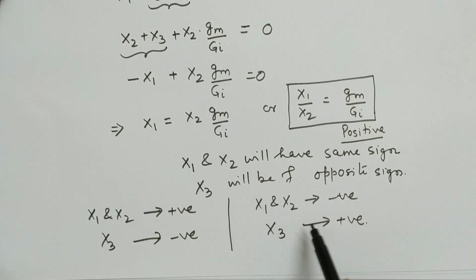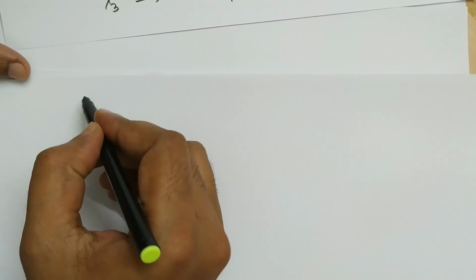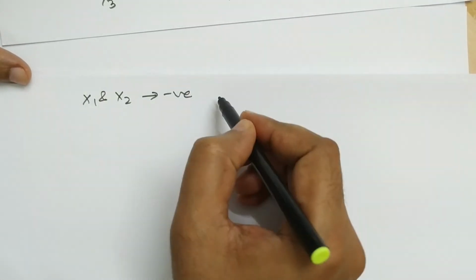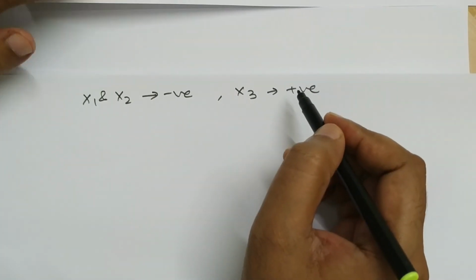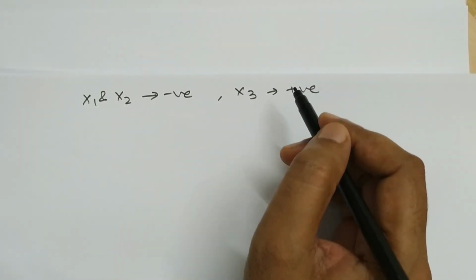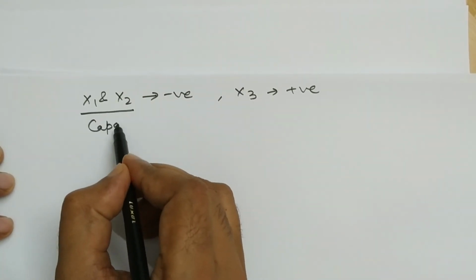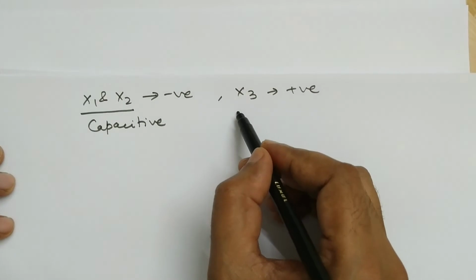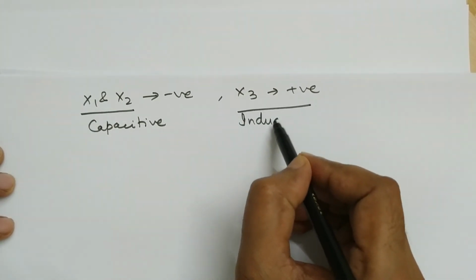Now let us assume the second case. So if x1 and x2 both are negative and x3 is positive, this is possible only if these two elements are capacitive, then only it will give negative reactance, and this element will be inductive.